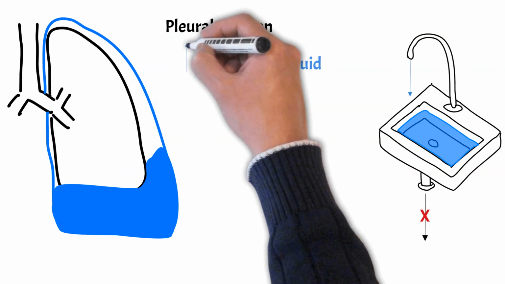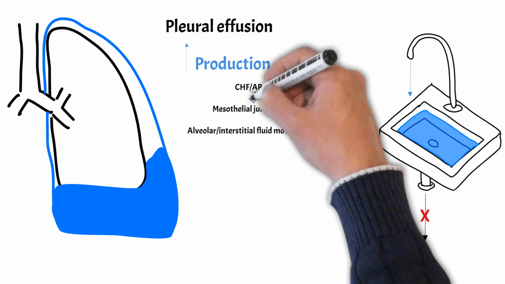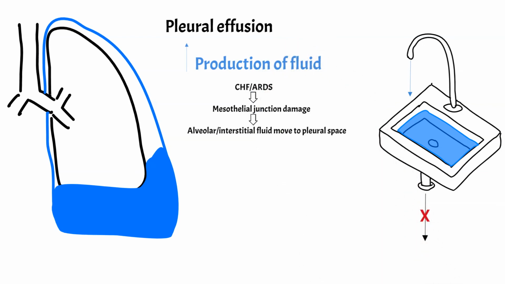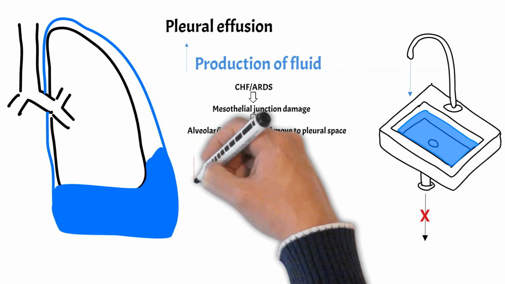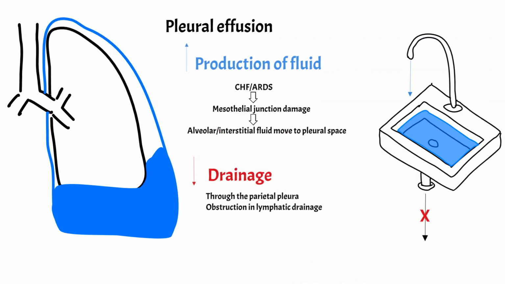For example, in cases of CHF and ARDS, you have mesothelial junctional damage, which leads to alveolar and interstitial fluid to move from the interstitium into the pleural space. As the drainage through the parietal pleura is typically much higher than the amount of fluid being produced, there's typically a concomitant lymphatic obstruction which leads to development of the pleural effusion.